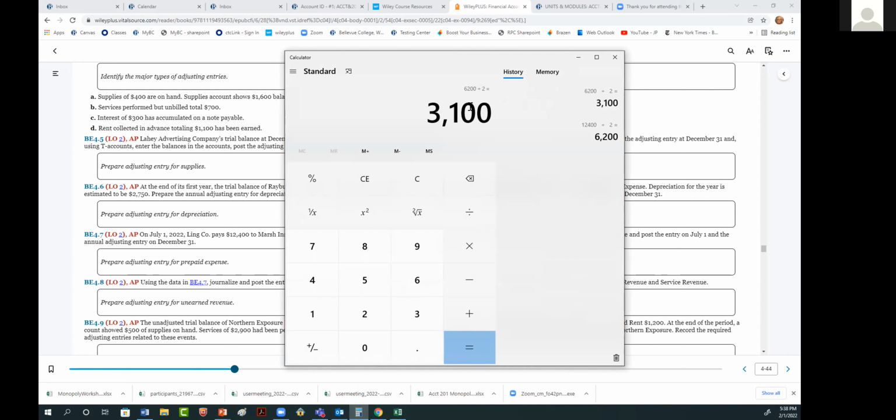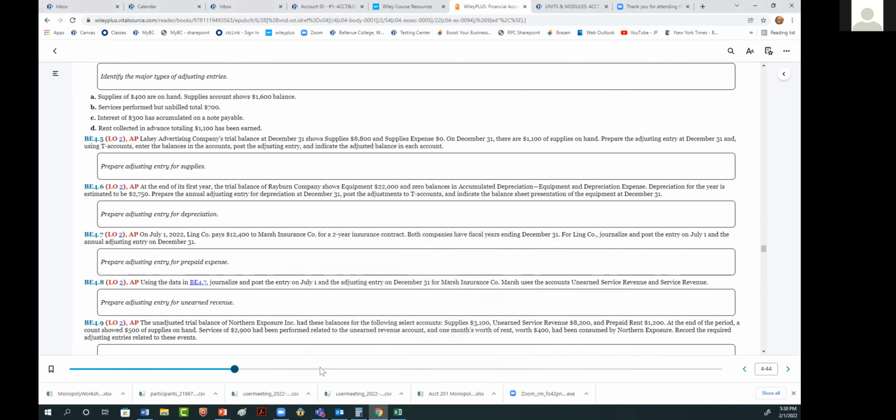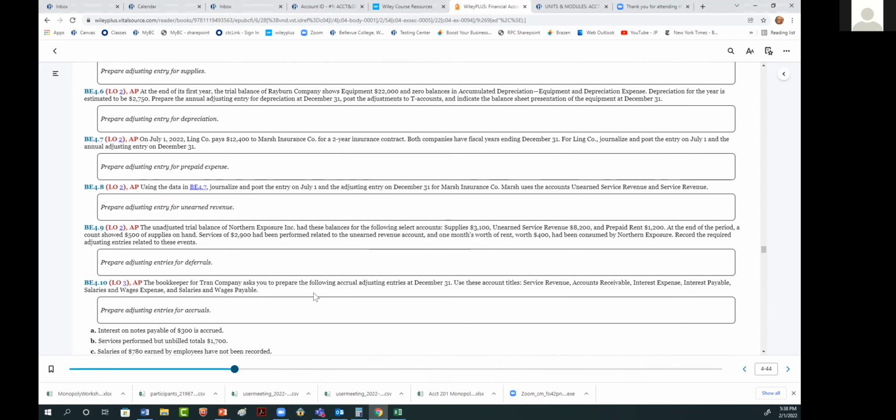So the customer prepaid, so the seller, the insurance agency, debited cash, credited unearned revenue. Now it's 6 months later and they're saying, well, we've earned that revenue. Debit unearned revenue, credit service revenue, and it's going to be for $3,100. Okay. That one's advanced, but that's the journal entry.